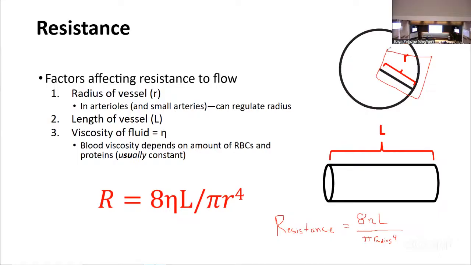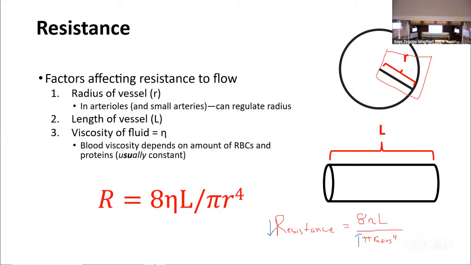Okay? So notice, because of the shape of this equation, if your radius goes up, you're dividing by a bigger number, that means your resistance is going to go down and vice versa, right? So if our tube gets wider, that lowers our resistance.